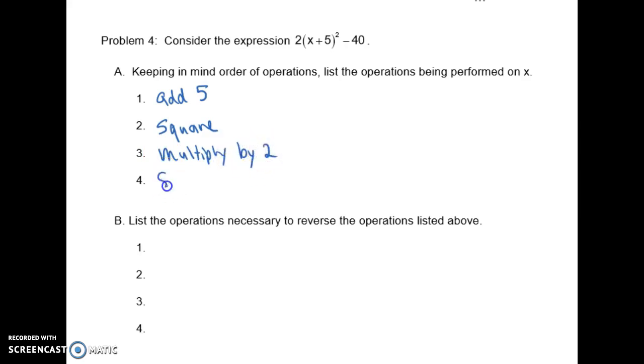And then I'm supposed to subtract 40. That will create the expression, but now we want to go ahead and solve it, so we're going to work backwards. So list the operations necessary to reverse, add 40. Instead of multiplying by 2, divide by 2. Instead of squaring it, plus or minus the square root. Instead of adding 5, subtract 5.